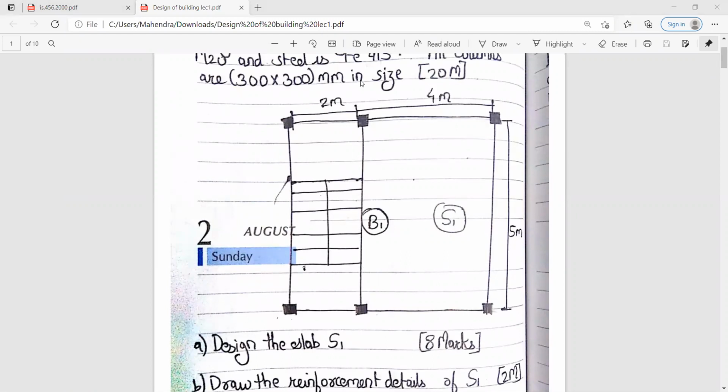The size of the slab is given to you, that is 4 meter by 5 meter, and the size of the beam is given to you, that is 2 meter. After completing this much, let me know so that we can proceed further.